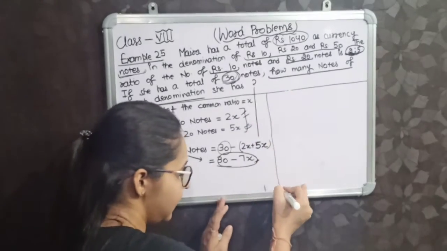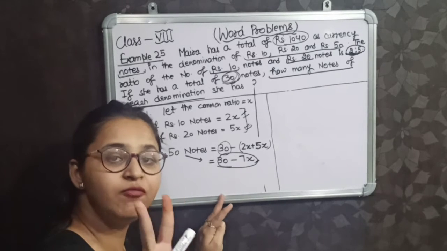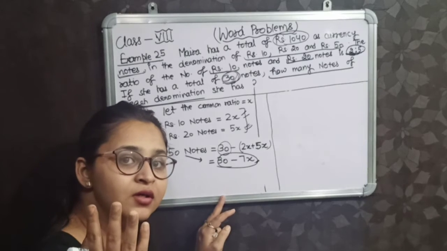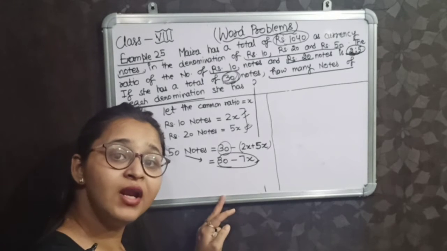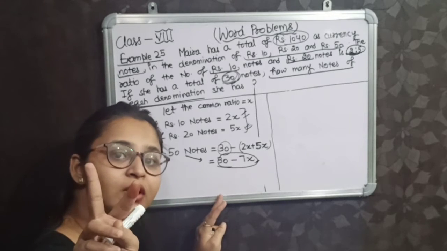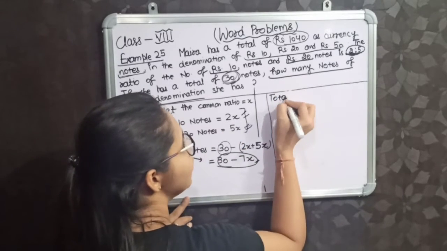See, if I have two notes of rupees 10, then the total amount I will have is 20. How? I will multiply 2 with 10. Same rule applies here.